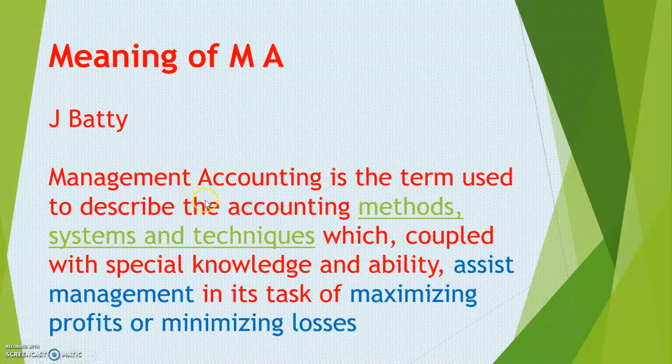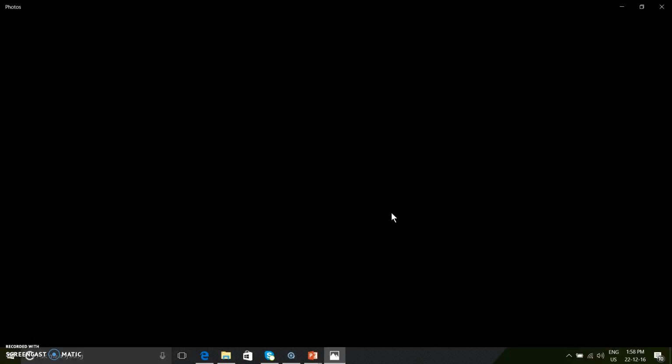Now J. Bertie says management accounting is the term used to describe the accounting methods, systems and techniques which, coupled with special knowledge and ability, assist ultimately management in its task of maximizing profits or minimizing losses. Now let us understand these methods and techniques.